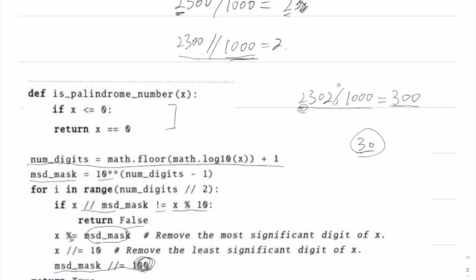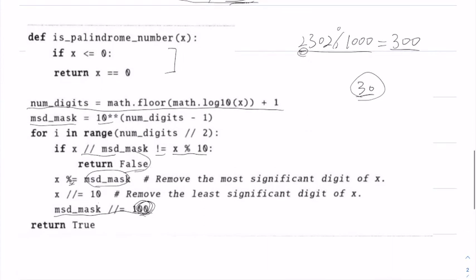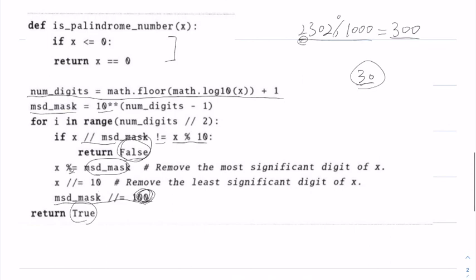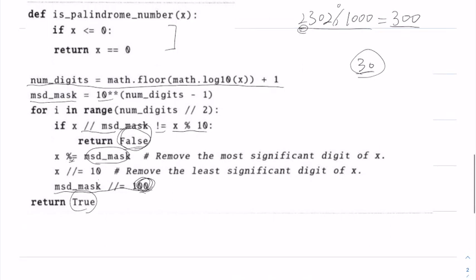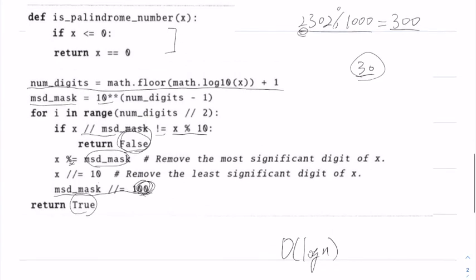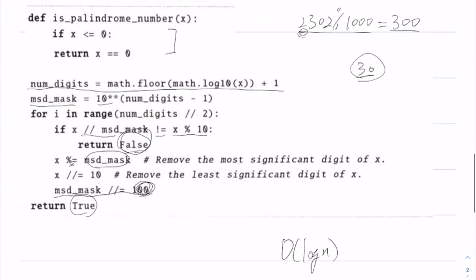We could continue this operation, and if we don't encounter a situation where the least significant and most significant figures don't match, then we conclude that it is a palindrome and return true. In this case, the runtime is going to be big O of log of n because of this operation here, which defines how many times we're going to run the loop.